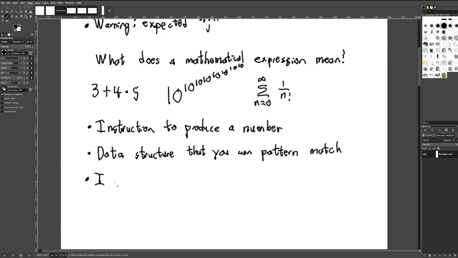So another thing an expression can be is instructions to produce a sequence of digits.